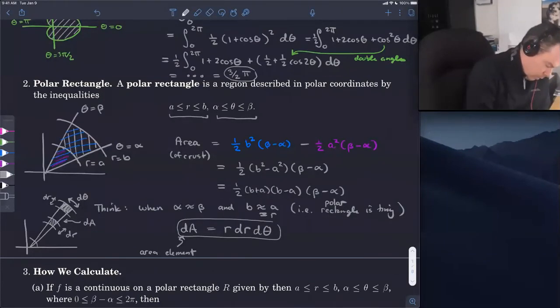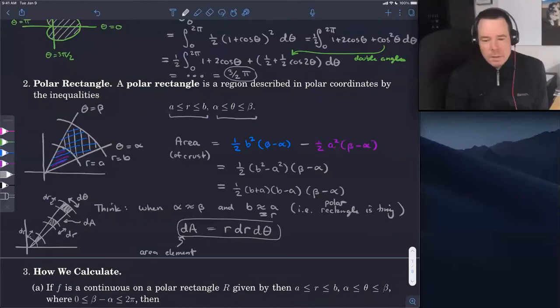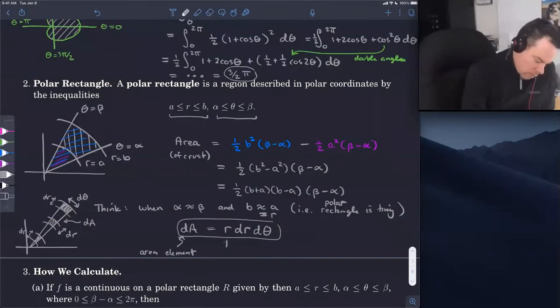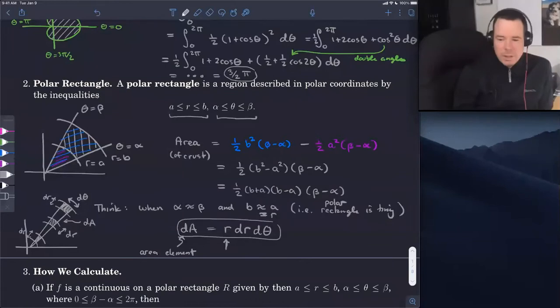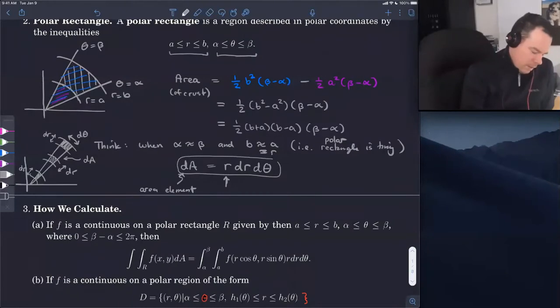And if I go really close to the origin, even though our dr is the same, the area is tiny. So the area of that element depends on how far it is from the origin. That's what this r here is for. And then it also depends on how thick it is and how wide it is, and that's the dr and the d theta. So that's the area of a tiny polar rectangle, or what we call the area element.